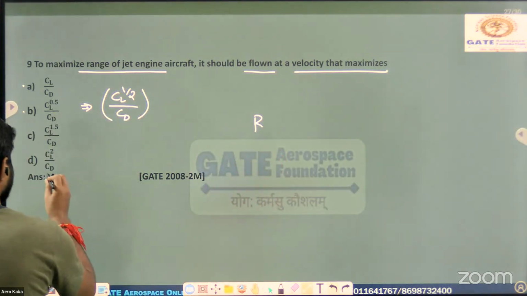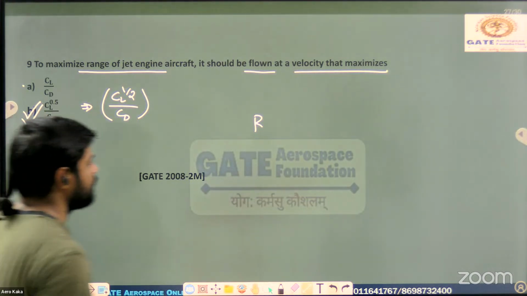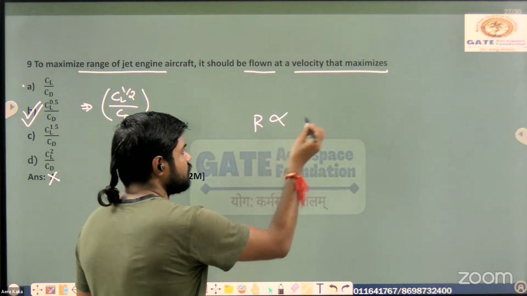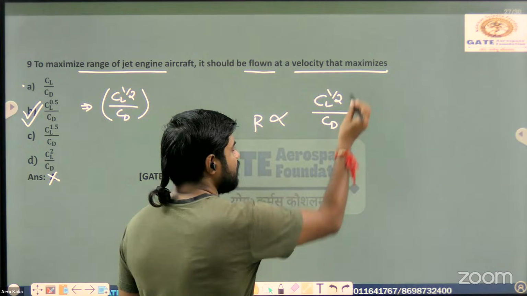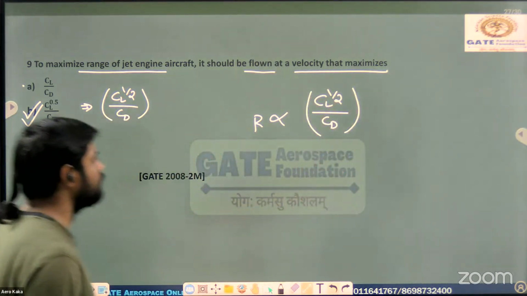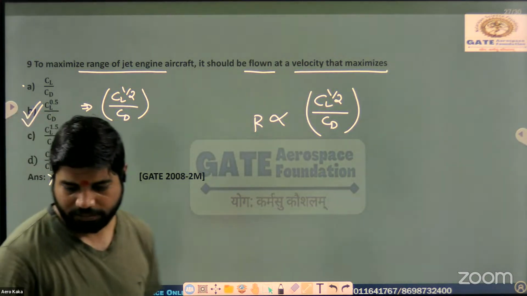So here option E is wrong. It should be option B, right? Check. R is proportional to. Please take care. Please verify whether this is correct or not. So which option is correct here? Option B only. Is that clear?